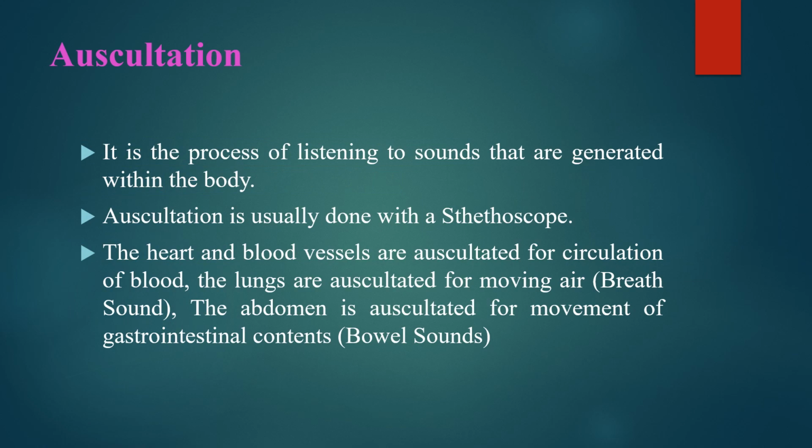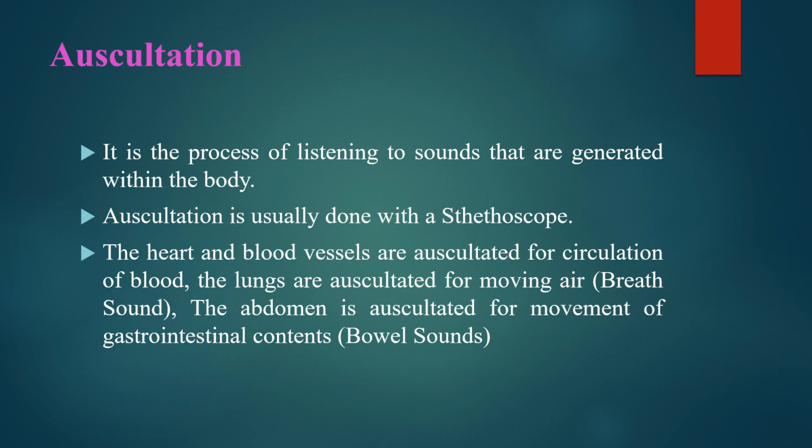Next one, auscultation. It is the process of listening to sounds that are generated within the body. It indicates that you are checking with your ears also. If you place your ear on the abdomen, you can hear the peristaltic movement, and also with the help of the stethoscope you can hear. Auscultation is usually done with a stethoscope.